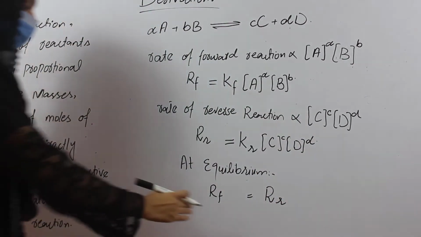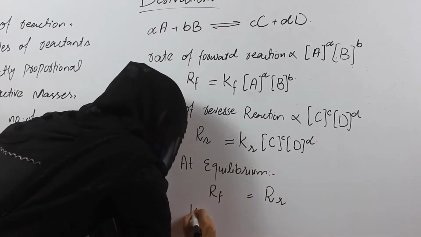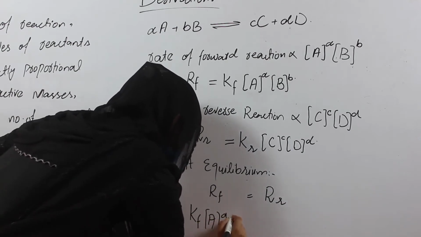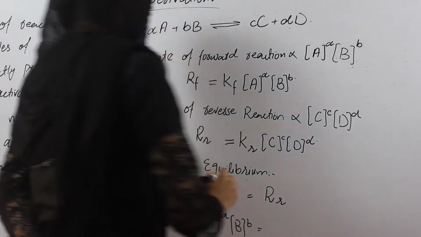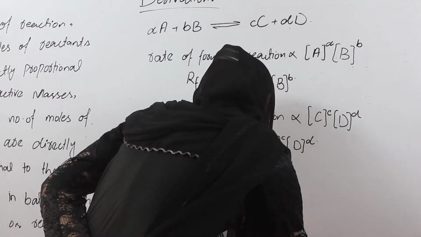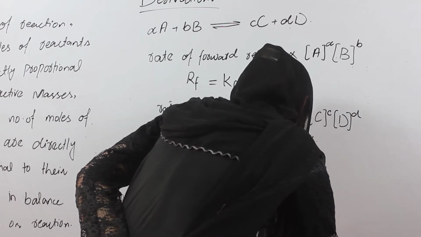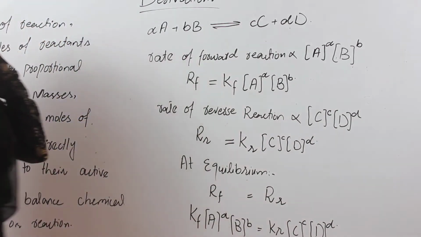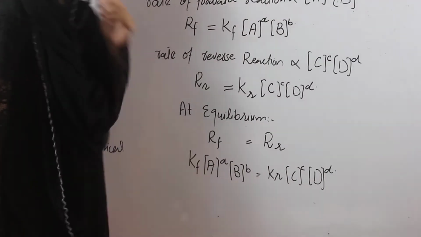By putting the values, the rate of the forward reaction is Kf times the reactants' active masses raised to their coefficients. The rate of the reverse reaction is Kr times the active masses of C and D raised to coefficient C and coefficient D, at the condition of equilibrium.